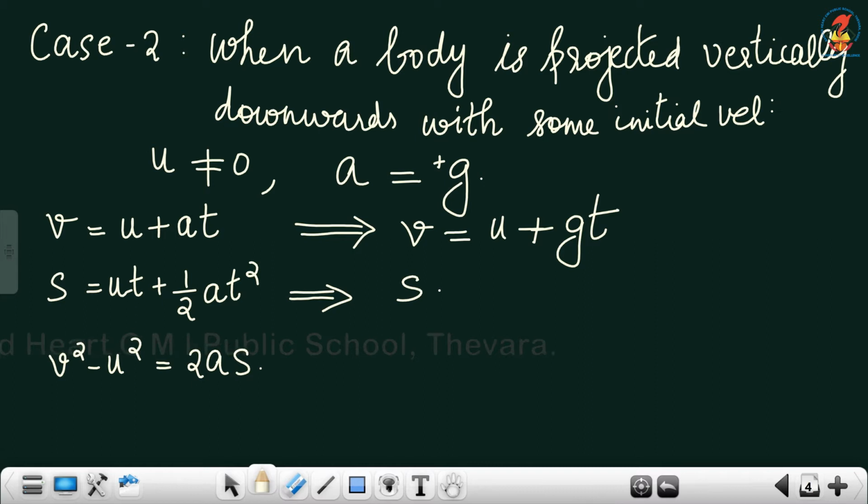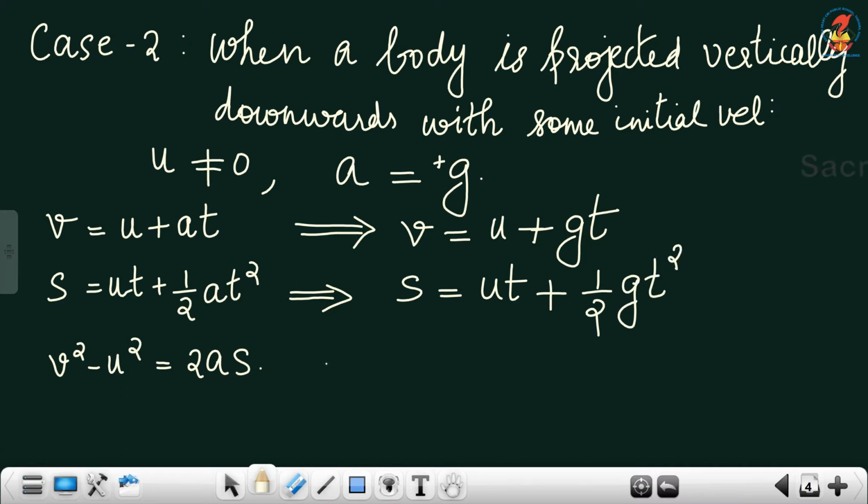Second equation becomes s is equal to ut plus half at square. So instead of a, acceleration of the body is acceleration due to gravity, so substitute g into t square.